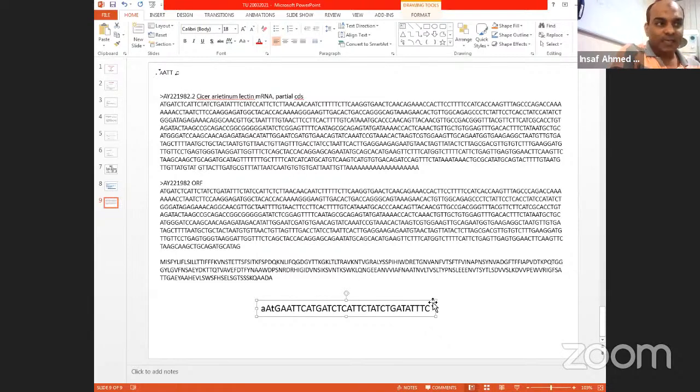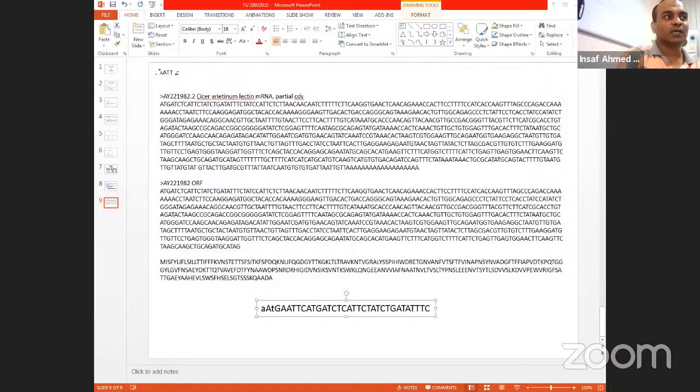Now after adding these things, the next step will be to check the TM. If I ask you what is the TM, anybody can tell me. TM you can calculate by that simple formula, 4 into G plus C plus 2 into A plus T. You can do it that way, but you may not get precise. So to get the precise value, there is one server called OligoCalc.